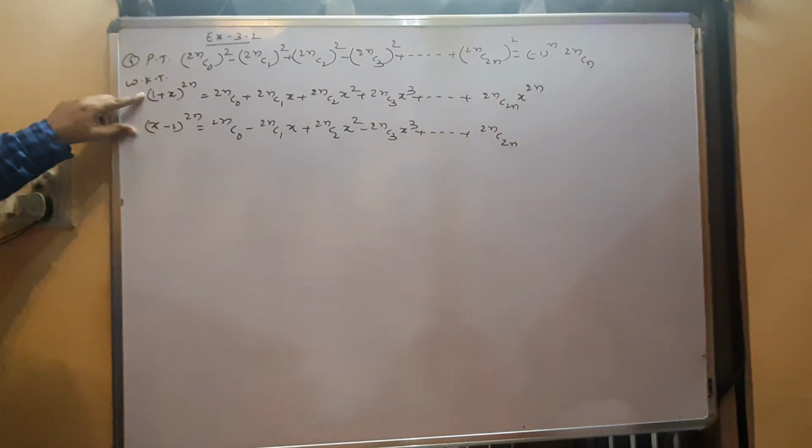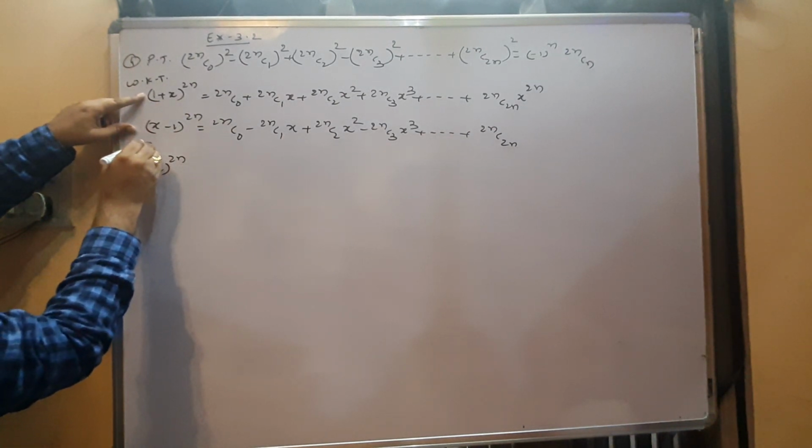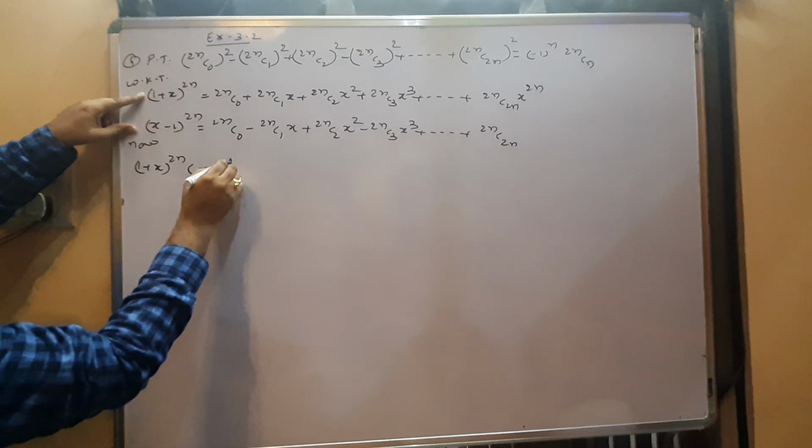Now you have to consider the product of both: 1 plus x whole power 2n into x minus 1 whole power 2n.